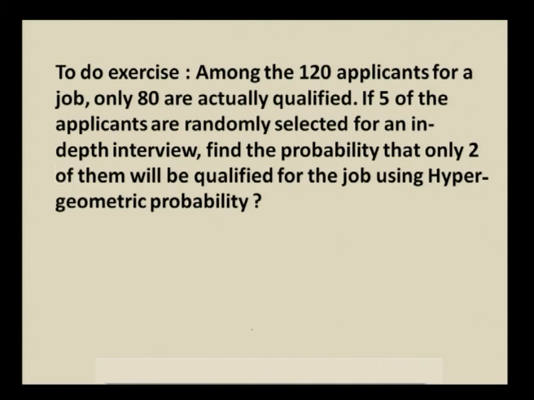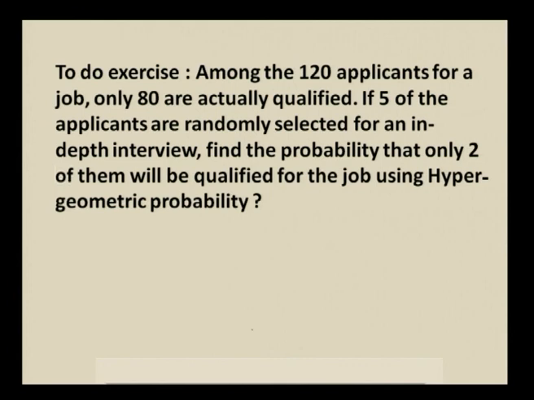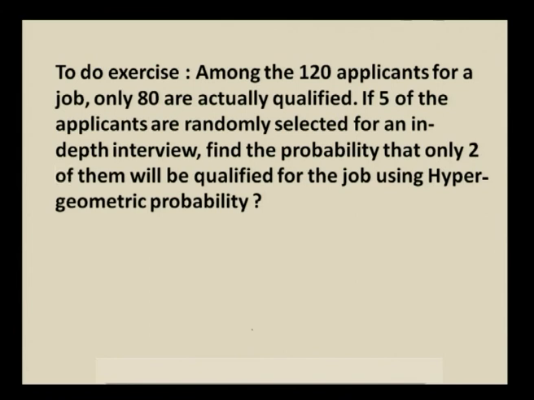It is about the interview, so we have to talk about only qualified people; applicants we can't take into consideration. So, capital N is equal to 80, and 5 applicants are randomly selected, so small n is equal to 5. Only 2 of them will be qualified for the job after the interview, so k is equal to 2. You are asked to find P(X = 2).